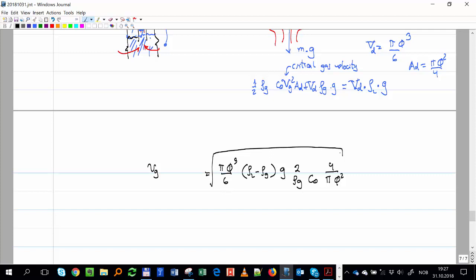This is the drag coefficient. It's just a coefficient.